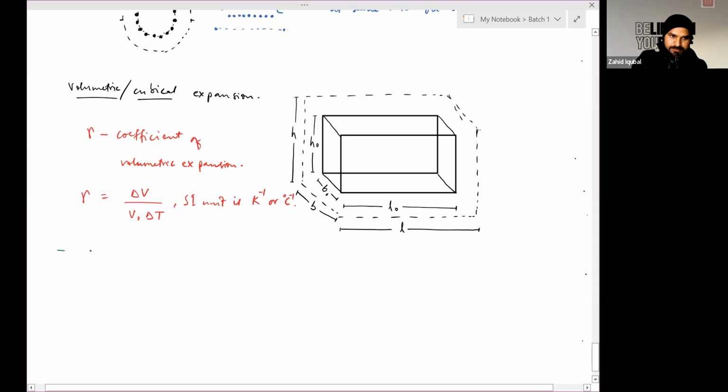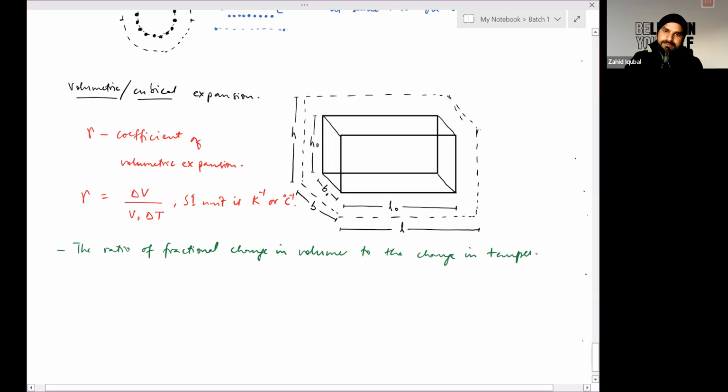So we may define this gamma as the ratio of fractional change in volume to the change in temperature. Again, we can say it simply defines at what rate volume of an object will increase or decrease with change in temperature.